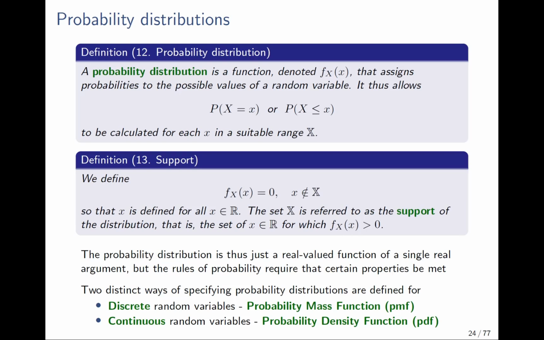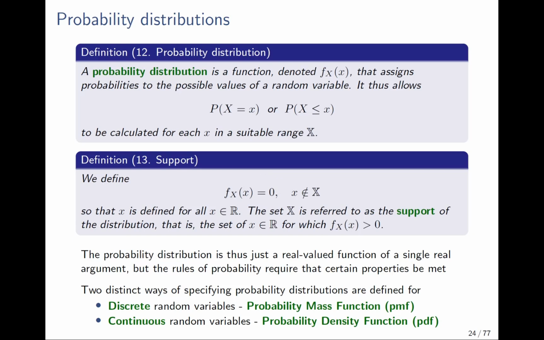Now the probability distribution is really just a real valued function of a single real argument. It's as simple as that. But of course it has to satisfy the rules of probability, and so those axioms of probability, as they apply to probability calculations in general, are going to apply also in the case of probability distributions.